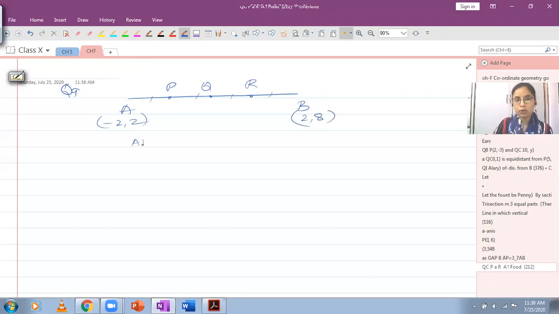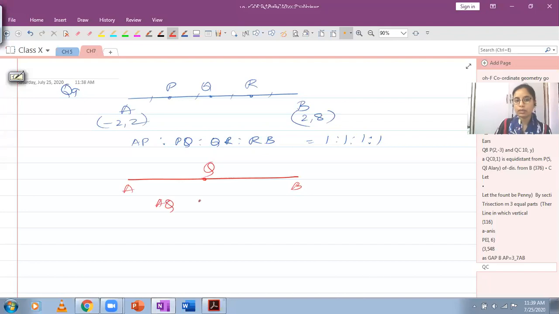So the ratio of AP, PQ, QR, and RB is 1:1:1:1. And if I just ignore P and R, what will be the ratio of AQ and QB?